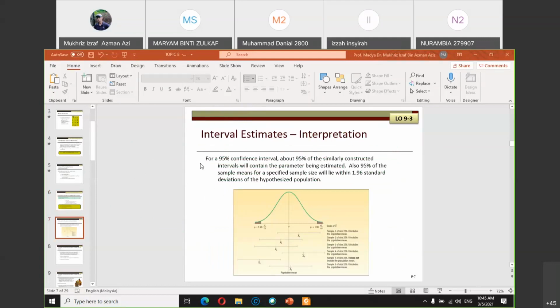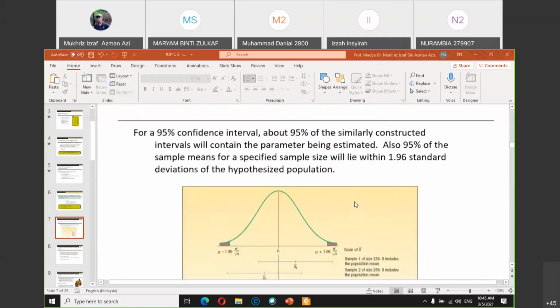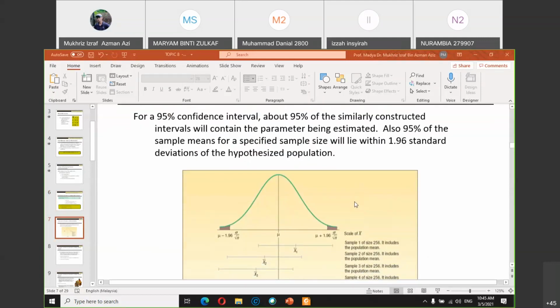So for 95%, once you understand this concept, it will be quite simple to follow the rest of the topic. If you recall, when we talk about the confidence interval, there is a lower value and also an upper value. Whether it is the Z distribution or the T distribution, the shape is the same: it is symmetric, like an inverse U shape, a bell-shaped distribution.